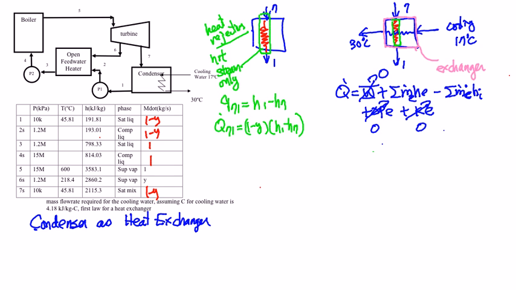There's no work. I am assuming my pink control volume is very, very well insulated. Thus, the heat is equal to 0. Therefore, this is my governing equation.